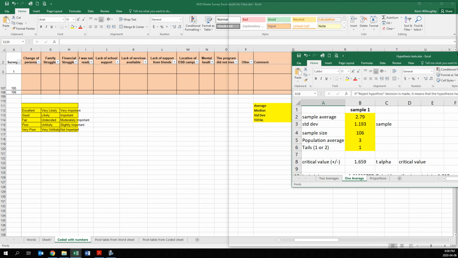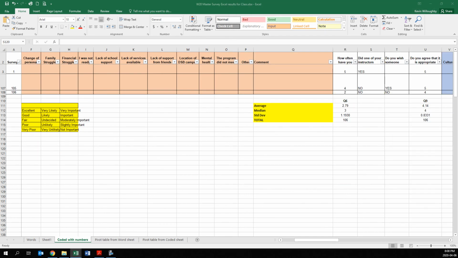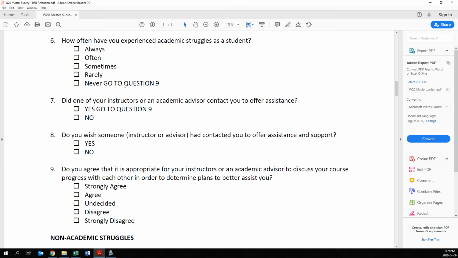And in this type of question, with this one here, how often have you experienced academic struggles as a student? Basically showing that it is less than sometimes, so it goes into that rarely area.